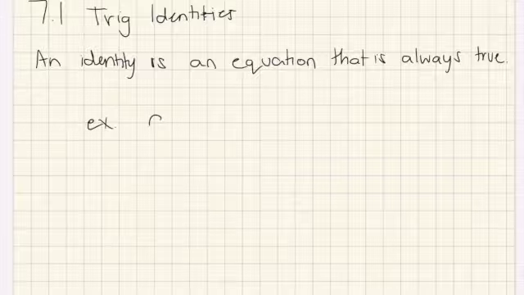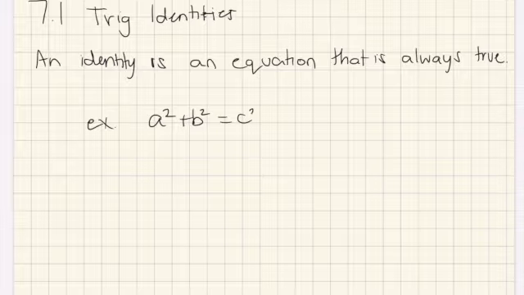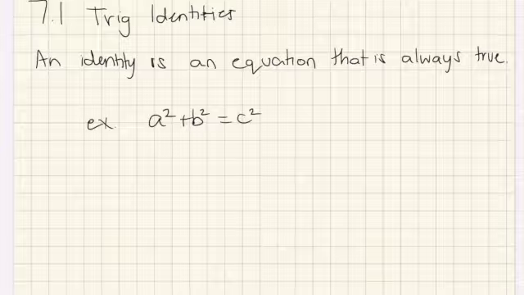An identity is an equation that is always true. For example, the Pythagorean identity, which is that a squared plus b squared equals c squared.